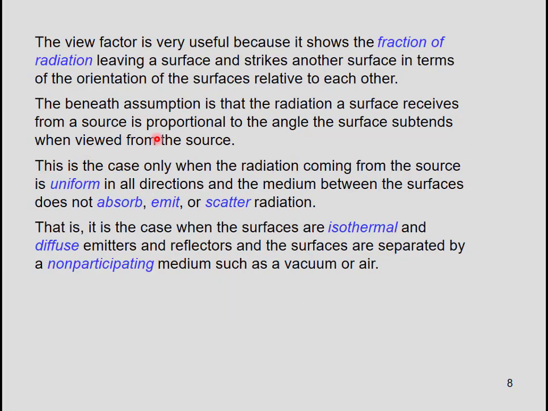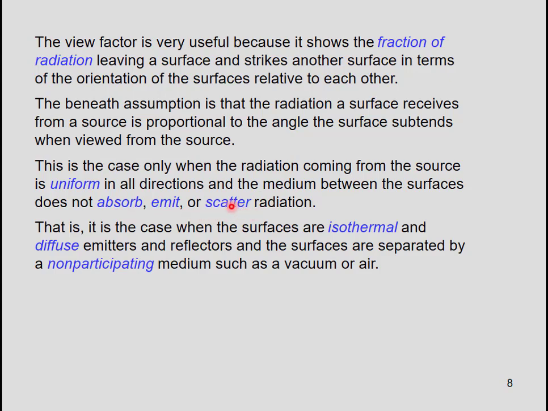This is the case only when the radiation coming from the source is uniform. So we can use this view factor when the radiation is uniform in all directions and the medium between the surfaces does not absorb, emit, or scatter radiation.